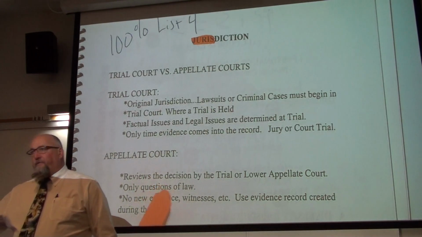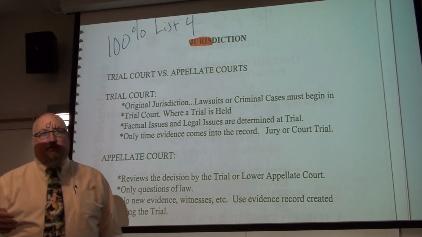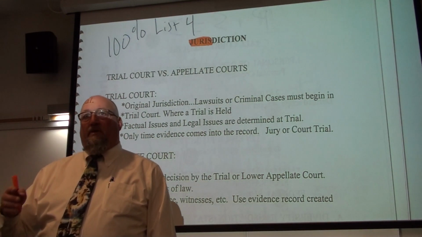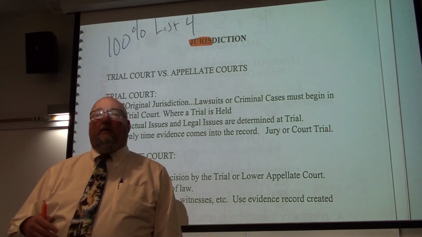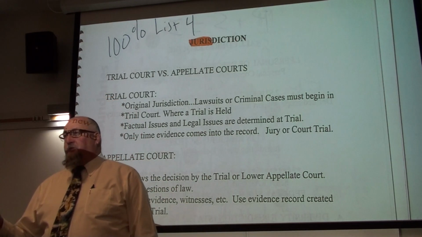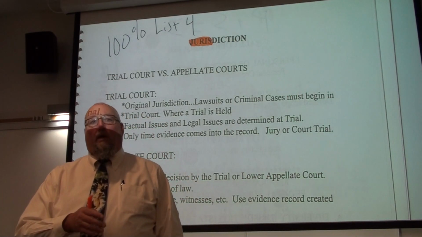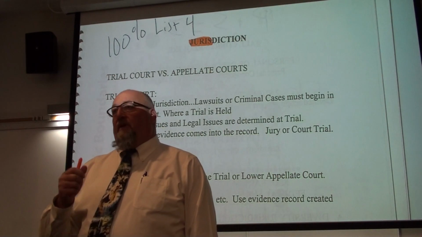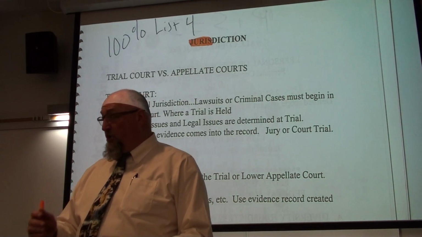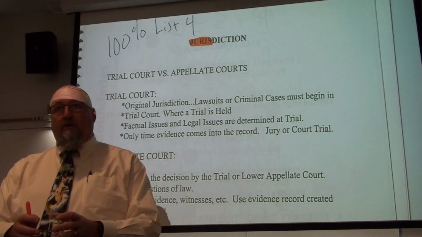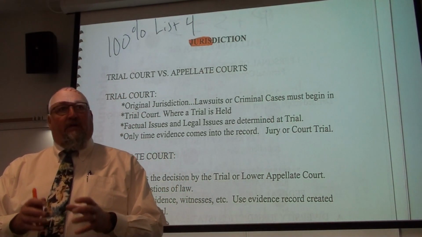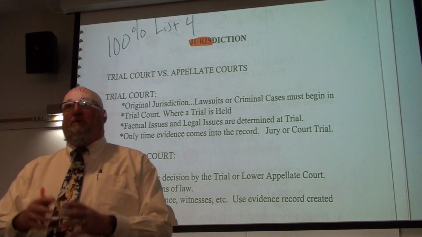So we're going to focus on jurisdiction within the judicial branch. When I talk about jurisdiction within the judicial branch, I'm talking about the authority of a particular court, a judge within a court, to handle a particular type of case, to speak the law.